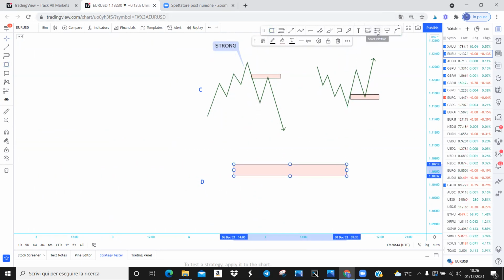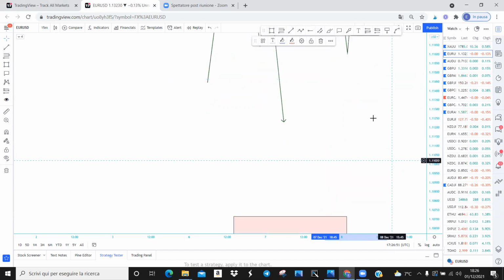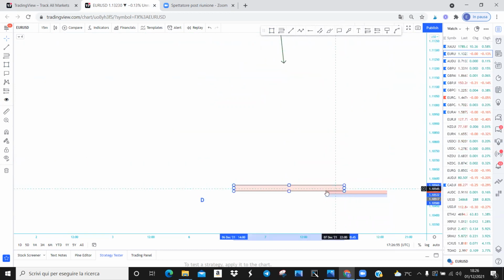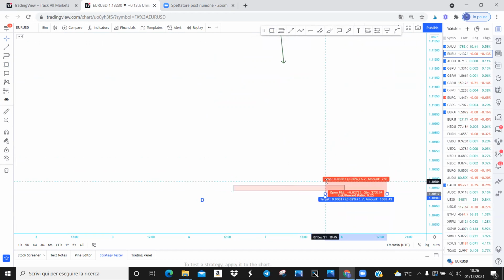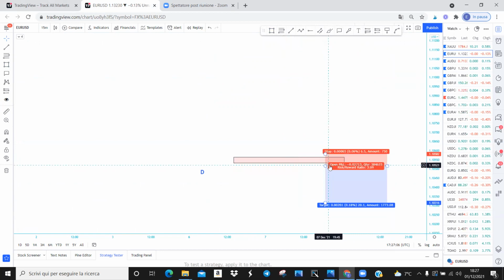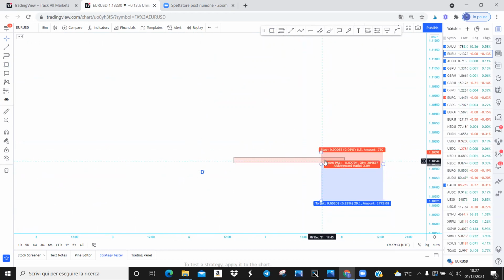For example, for sales, just stop loss above the area and take profit depending on where we target. So just a pending order, basically. This is our D type of entry, of course our least favorite because we might not have confirmation.